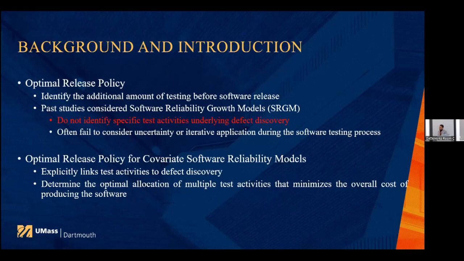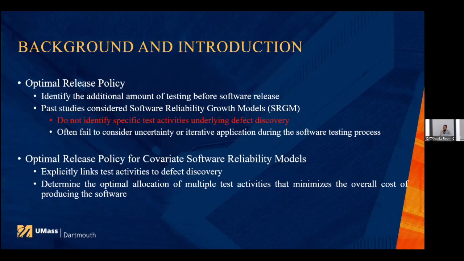The vast majority of past software defect discovery models are just a function of time, and they only provide guidance on the additional amount of testing required. However, our optimal release policy for covariate software reliability growth models explicitly links test activities to defect discovery, and we also determine the optimal allocation of multiple test activities that minimizes the overall cost of producing the software.